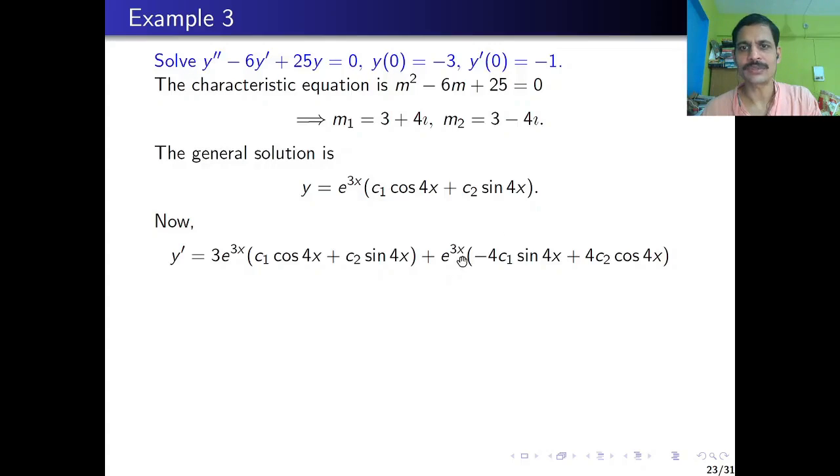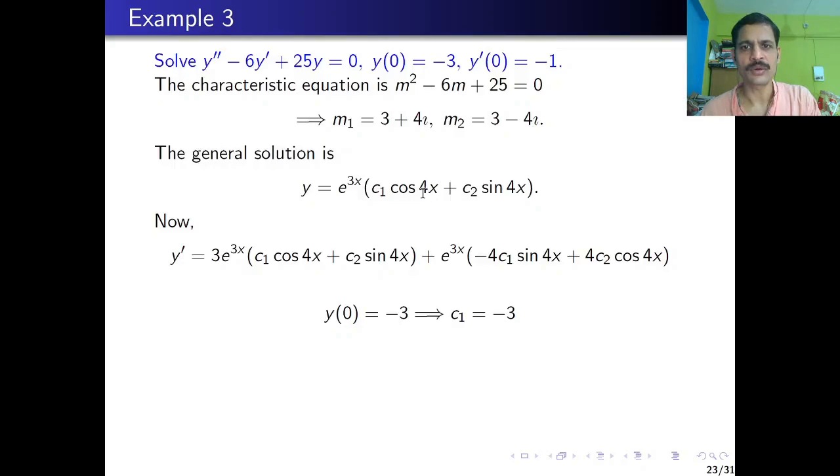So we get e raised to 3x times (minus 4 c1 sin 4x plus 4 c2 cos 4x).